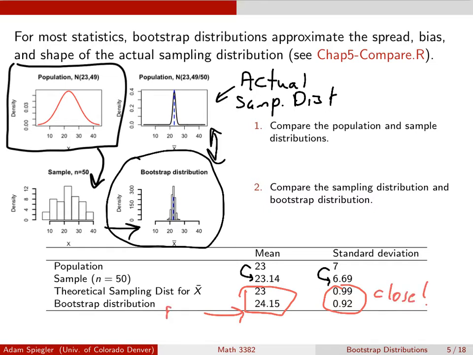So there's a little bit of bias when we picked our bootstrap distribution. The center of the bootstrap distribution was a little bit off from the sampling distribution, but the standard errors are pretty close to each other.